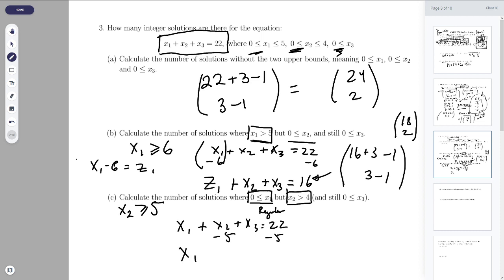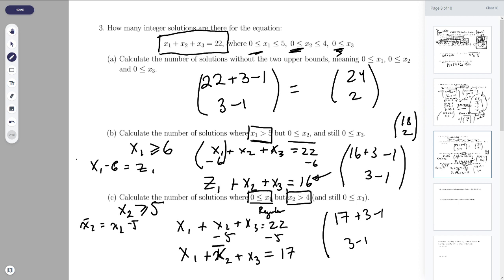So now x1 plus x2 bar plus x3, where x2 bar is equal to x2 minus 5, and so instead of 16, this will be 17.